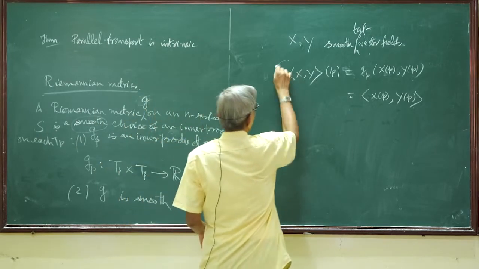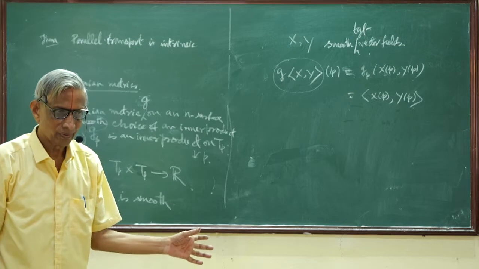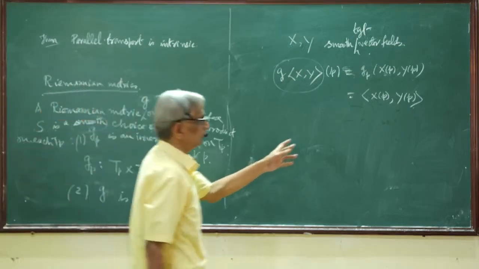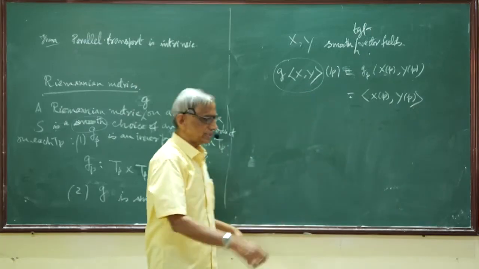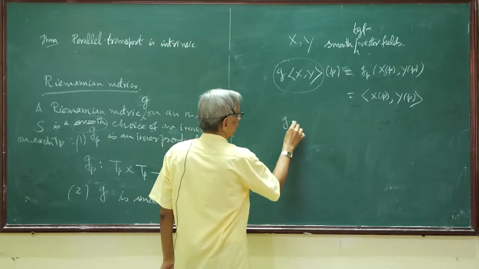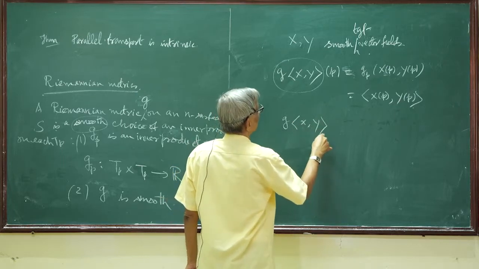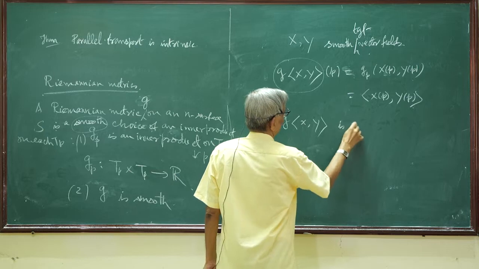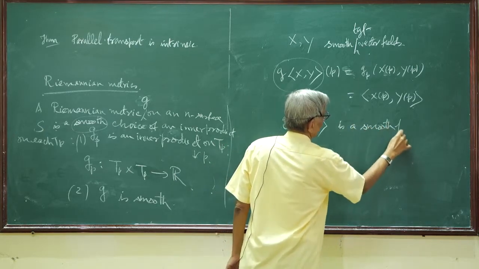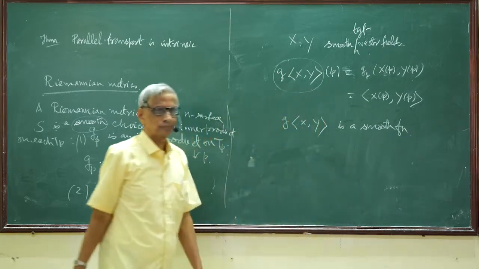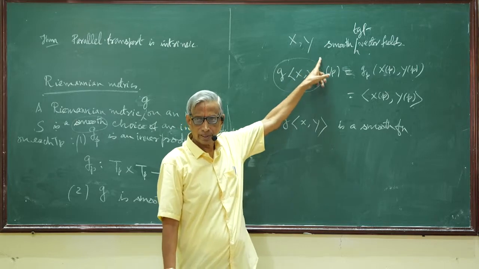So this g(x,y) is now, what does it do? It's a function now, taking values in scalar functions, scalar valued functions. So g(x,y) is a smooth function for all choices of x and y.